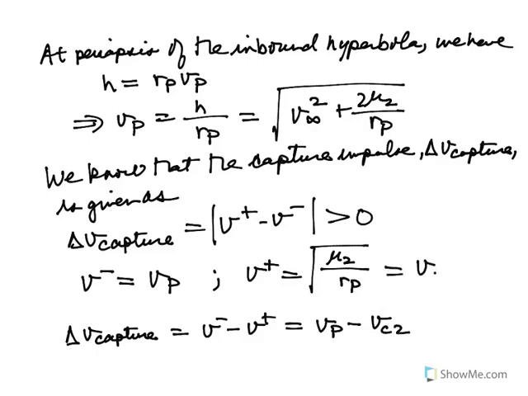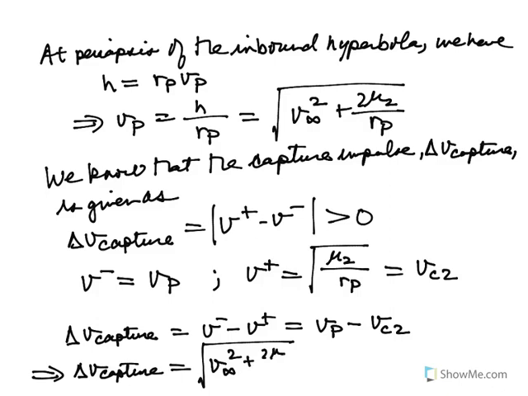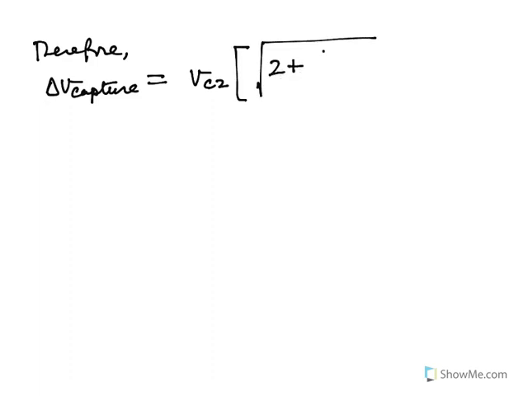This gives delta V capture equal to the square root of V infinity squared plus 2 mu 2 over RP minus the square root of mu 2 over RP, which gives delta V capture is equal to VC2 times the square root of 2 plus V infinity, all divided by VC2 squared minus 1.